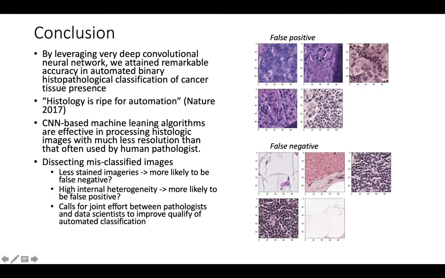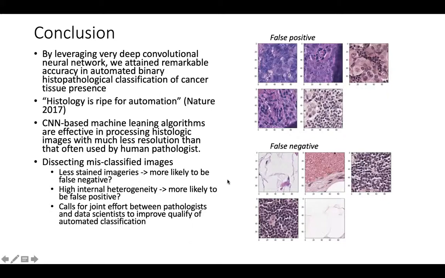Versus in the false positive ones, it seems like samples that had more heterogeneity in themselves, like this weird shading, this lining, and probably different kinds of cell types coexisting in one slide, are more likely to be classified as false positive.